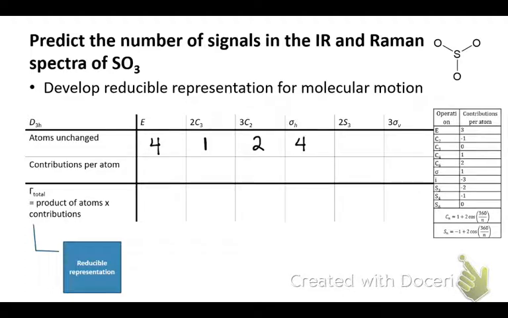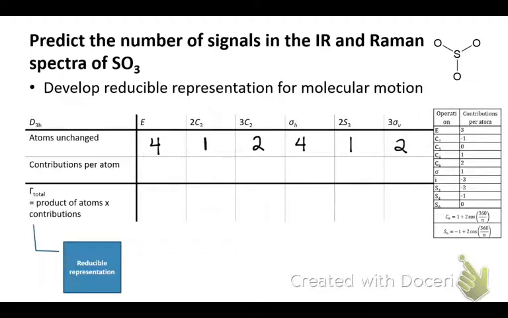And finally, if we do an S3, so we rotate by 120 degrees, and then reflect, we see that the sulfur atom remains in the same place, but each of the oxygen atoms is shifted. Finally, the sigma v's, which go through each of the sulfur-oxygen bonds, we see that the sulfur and the oxygen remain in the same place, but 2 of the oxygens move, so 2 stay the same.